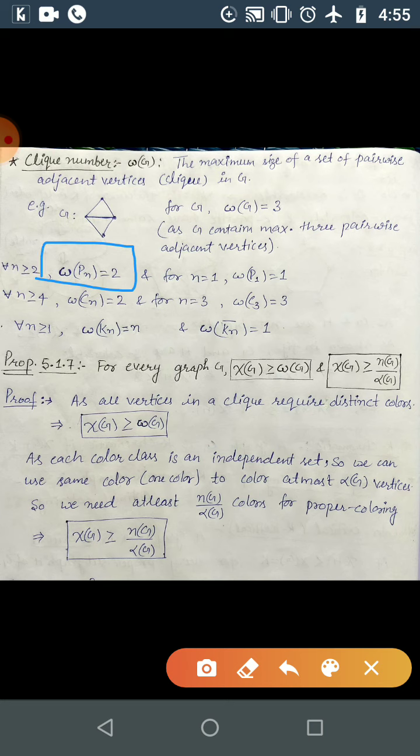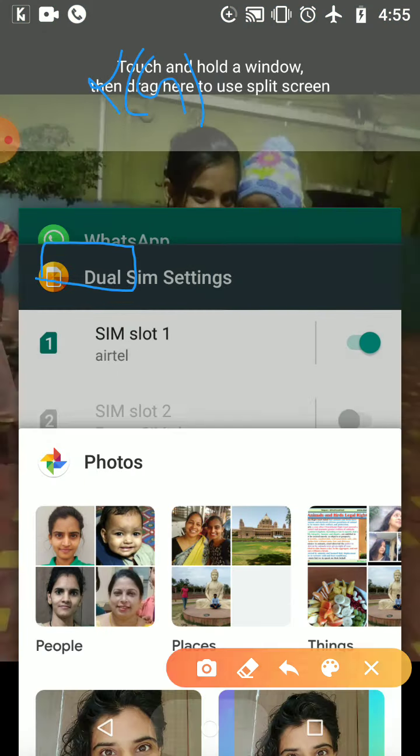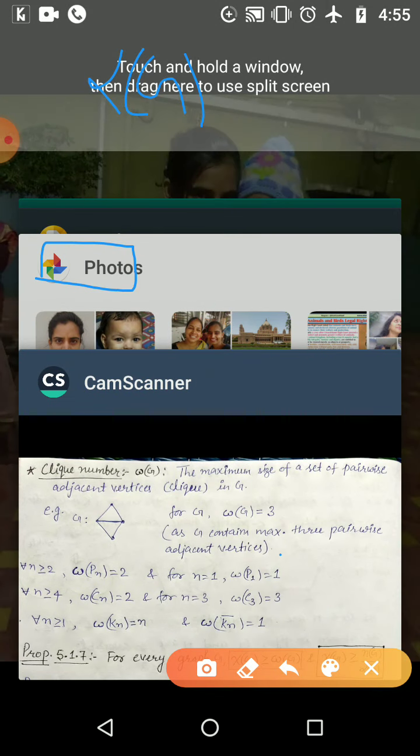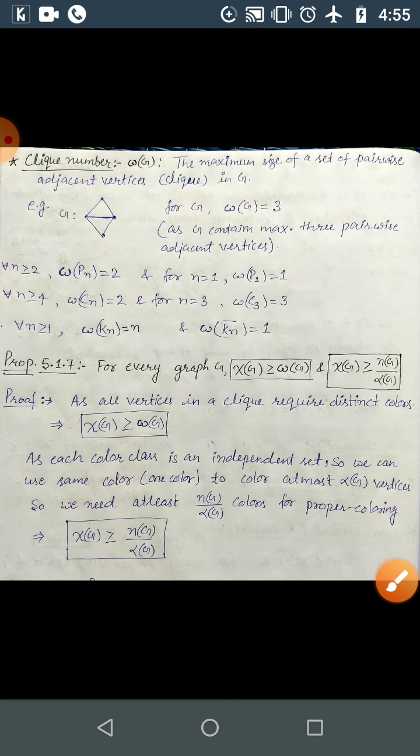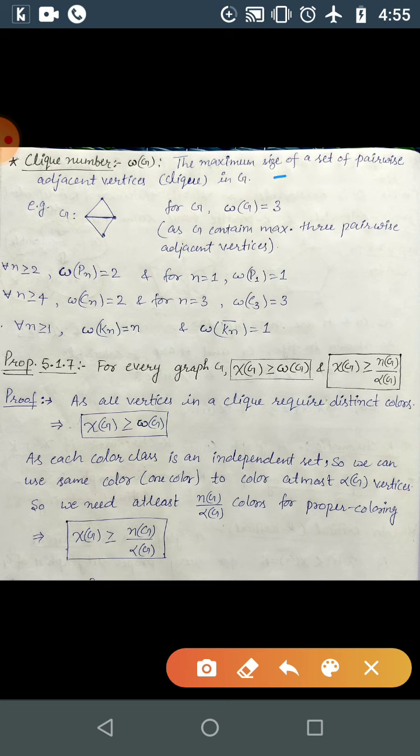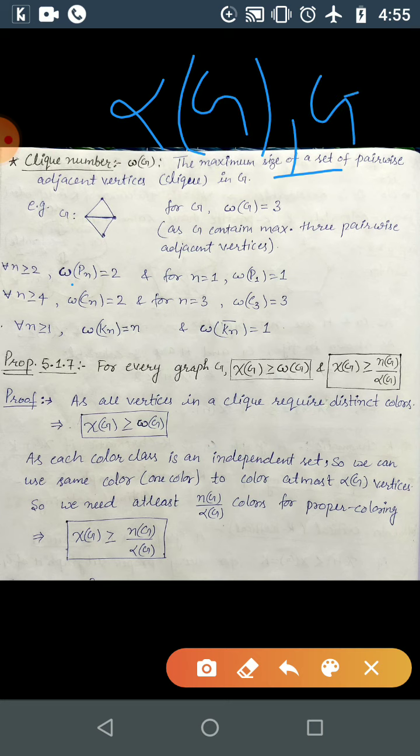Now this is a question for you: what is alpha of G for G equal to Pn? This is your exercise.